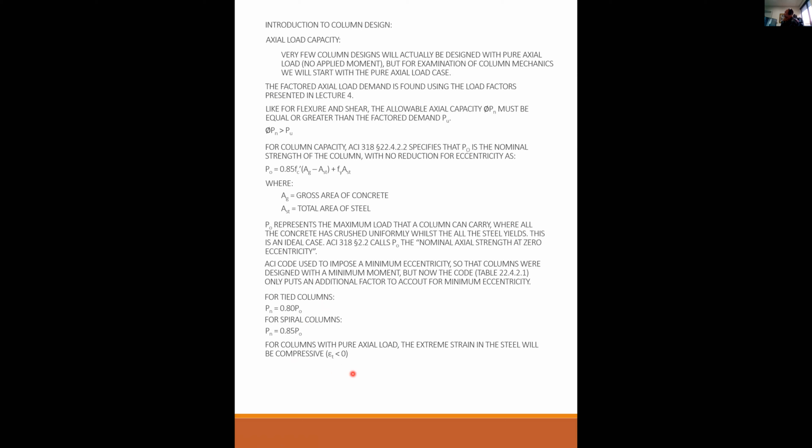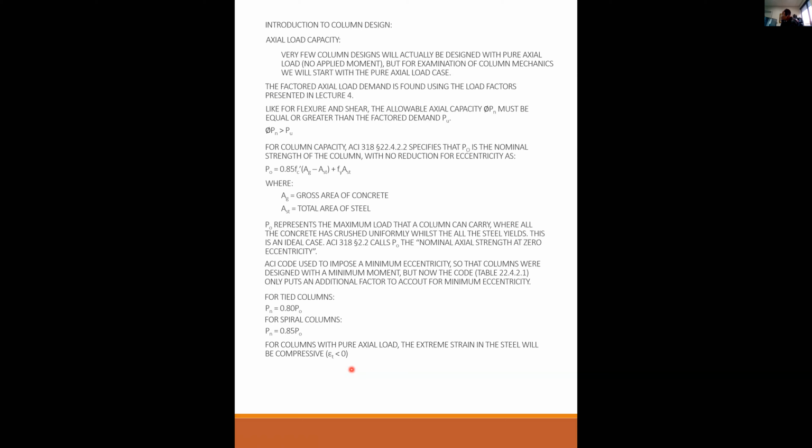For columns with pure axial load, the extreme strain in the steel will be compressive. So epsilon sub t is going to be less than 0. It's going to be negative. A positive epsilon t is steel in tension. We were just talking earlier about how for beams, that has to be at least 0.004, but that's a positive 0.004. That's tension. Columns may have steel that's in compression, so that's a negative strain.